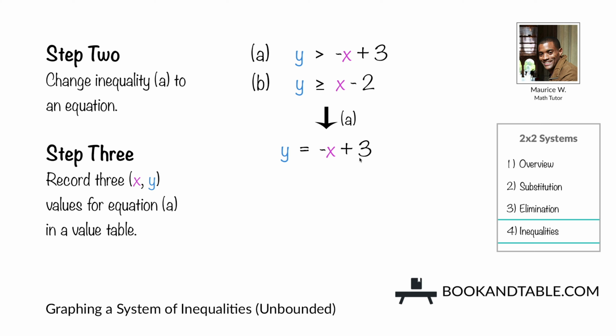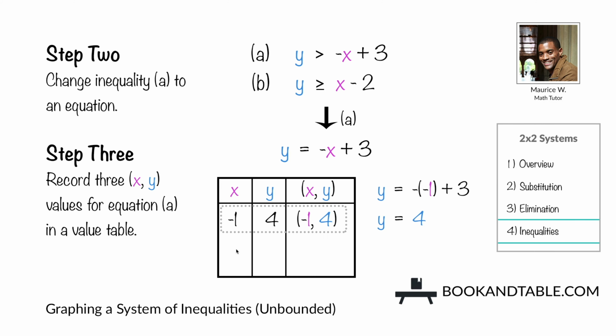So since we'll be sketching these lines in a coordinate plane, I am always going to use -1, 0, and 1 for our x values whenever possible. That way we get the points closest to the origin and sketch our lines closest to there. So for this line, y is equal to negative x plus 3.